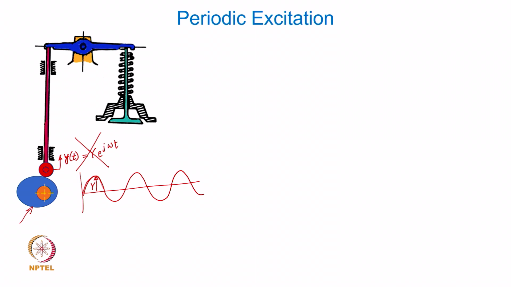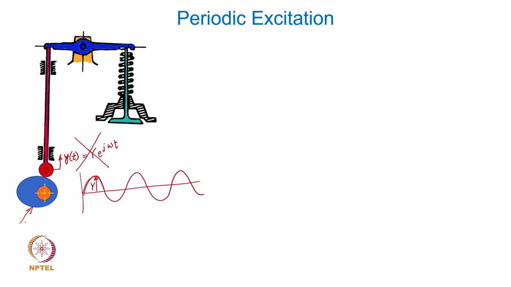So, the harmonic excitation case is definitely very important and practically relevant as well. But in some situations you do get the excitation function which is not harmonic at all, right. For example, this cam, although it is shown here like this, is not going to be strictly having a harmonic profile as we discussed it.